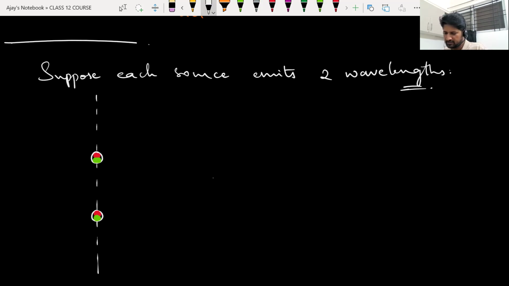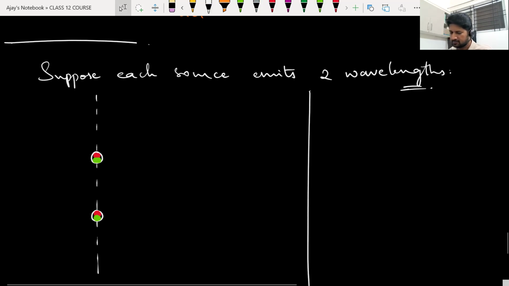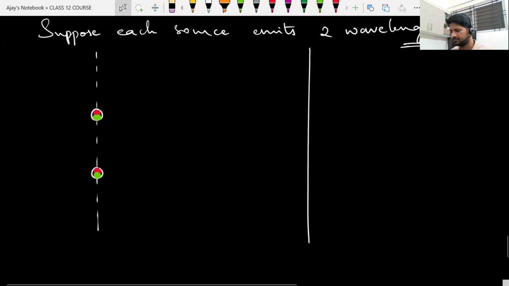And assume there's a screen somewhere here. What will happen? Rishi, what do you expect to see on the screen now?